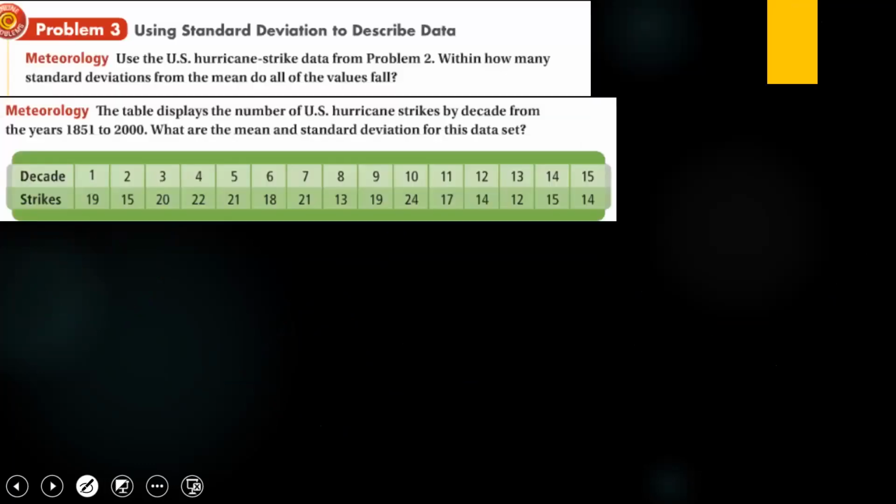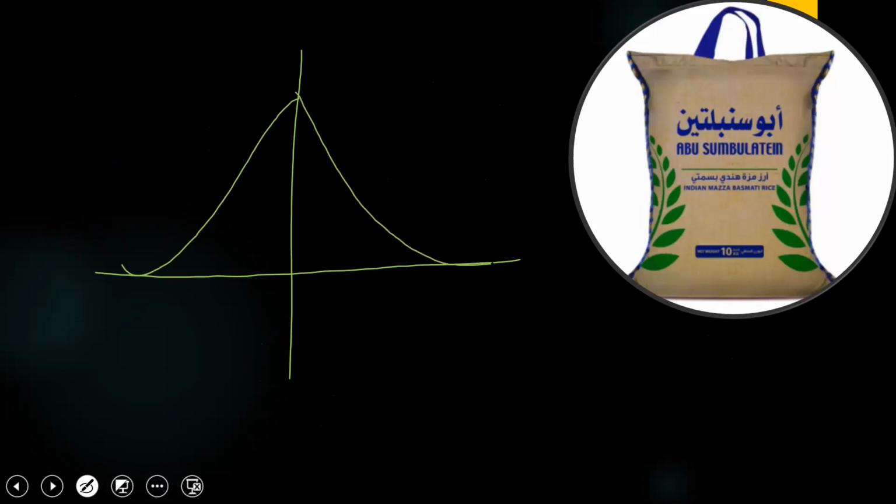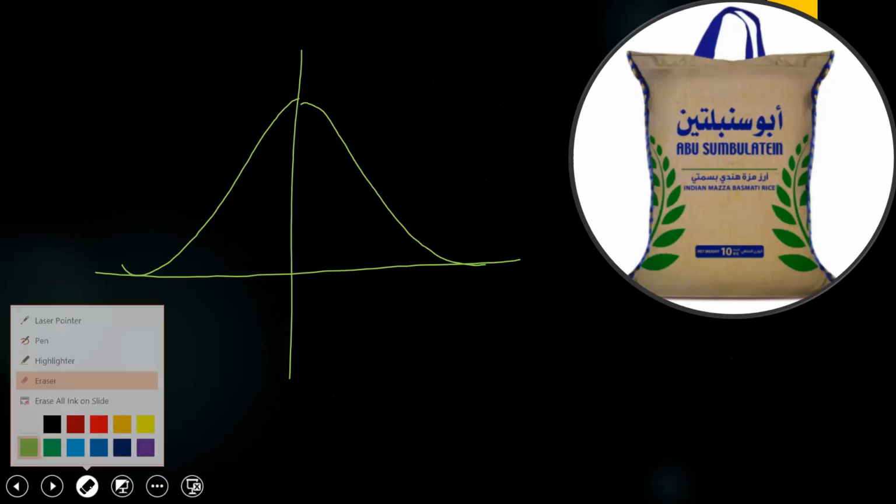So now let's see how we can use the standard deviation to describe the data. I will put as an example, me as a teacher, a bell shape, but I cannot draw it clearly.